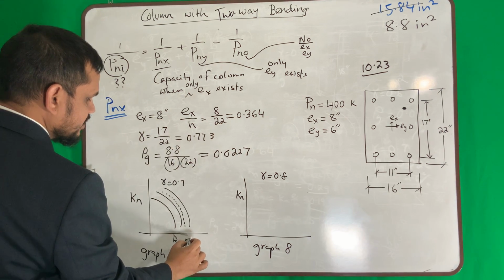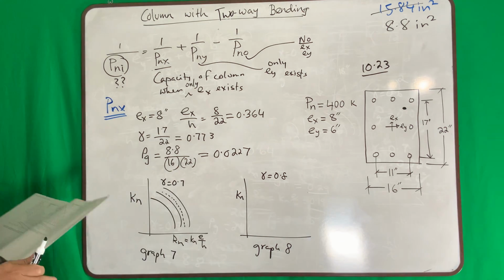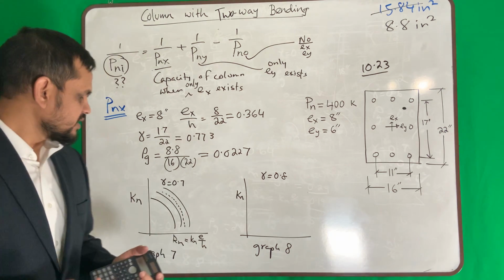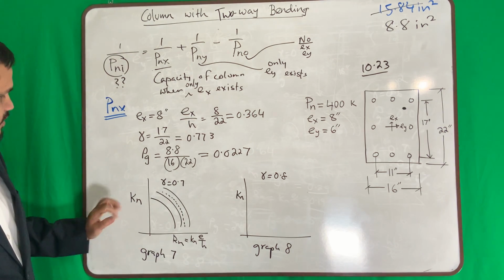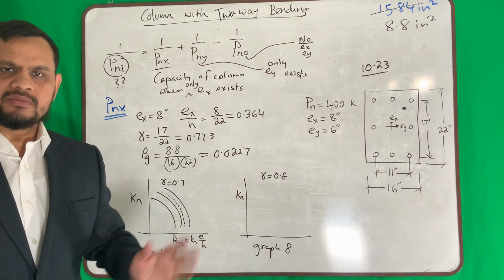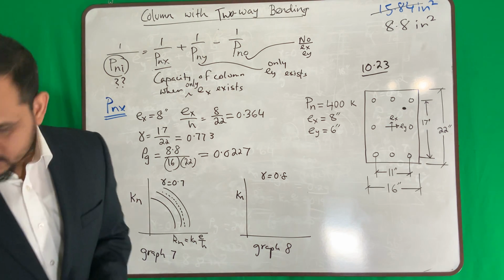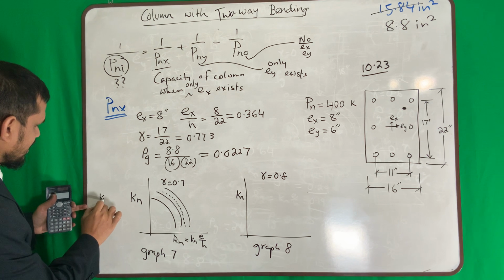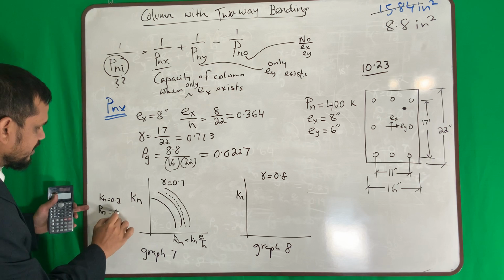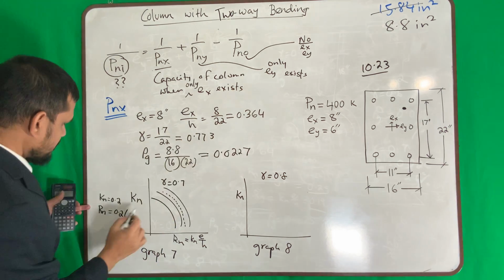Now Rn is Kn times e by h. So I will assume a value of Kn, say 0.2. Then what is your Rn? Rn will be 0.2 times e by h.